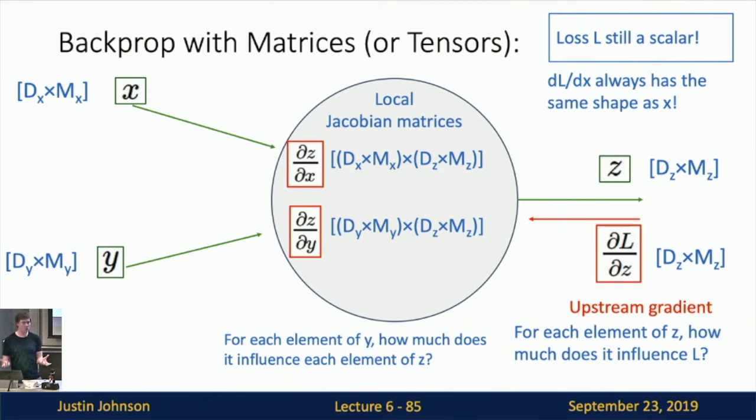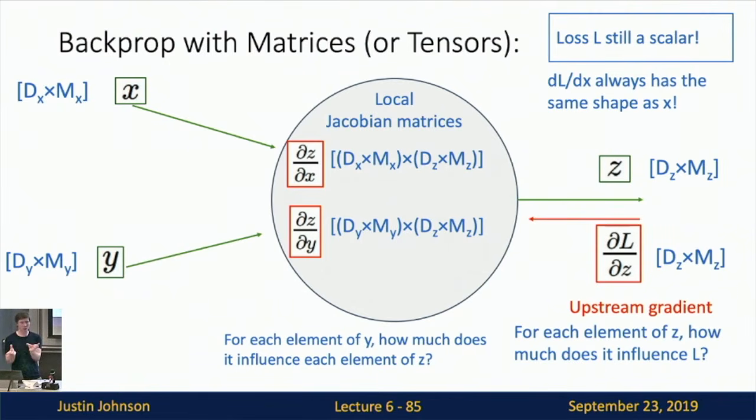Because recall, these Jacobian matrices need to be able to tell us, for each scalar element of the input, how much each scalar element of the output changes. Which means that this Jacobian matrix is now a kind of generalized matrix. The number of elements of this local Jacobian matrix between x and z is dx times mx times dz times mz.